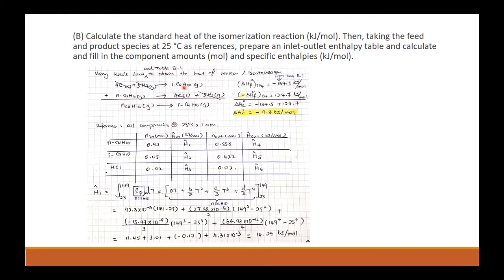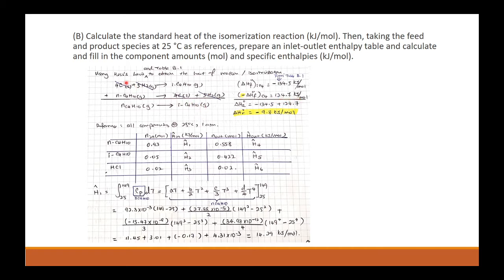The heat of formation of IC4 from Table B.1 is negative 134.5 kilojoules per mole. For NC4, since we flip the equation over, it gives a negative value: negative of the heat of formation of NC4, which is 124.7 kilojoules per mole.